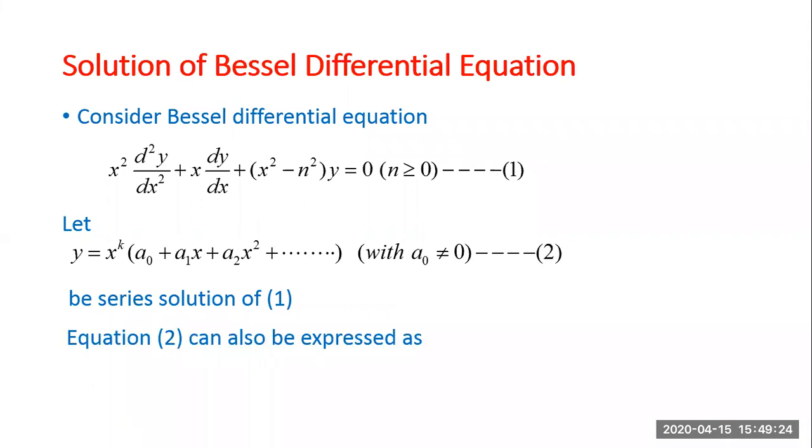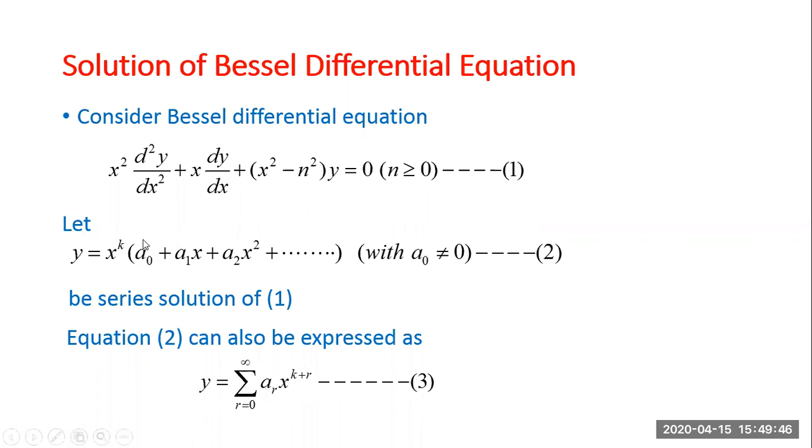So this equation 2, the solution of equation 1, can also be expressed as y is equal to summation r from 0 to infinity a to the power r x to the power k plus r. If I substitute r is equal to 0, 1, 2, 3 and so on, I get this expression.